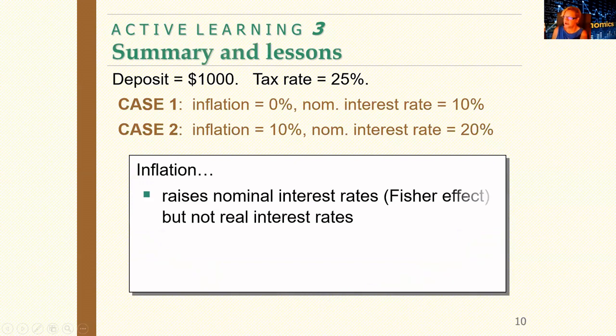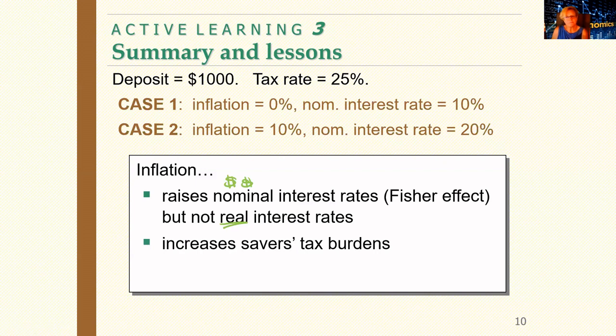So inflation raises nominal interest rates. This is the Fisher effect. It basically says that stuff which is priced in dollars is susceptible to inflation, but real stuff is not. It increases the savers' burden relative to borrowers, and it lowers the after-tax rate.